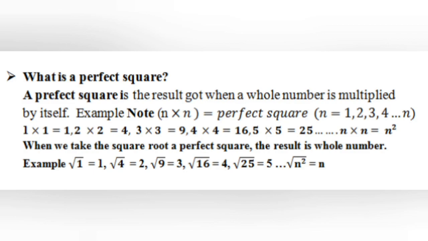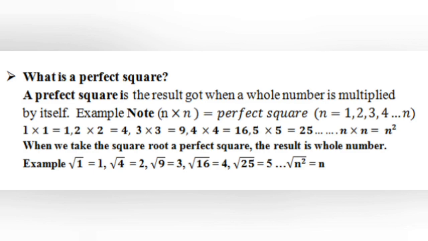Then 1 times 1 is equal to 1, 2 times 2 is equal to 4, 3 times 3 is equal to 9, 4 times 4 is equal to 16, and 5 times 5 is equal to 25, and n times n is equal to n squared. Therefore, our perfect squares are 1, 4, 9, 16, 25, and n squared.